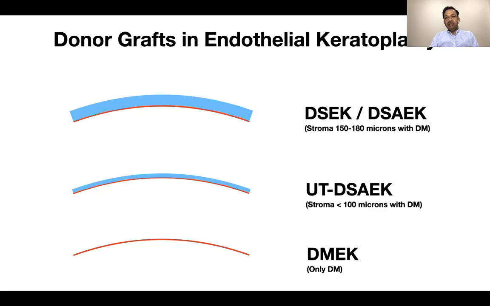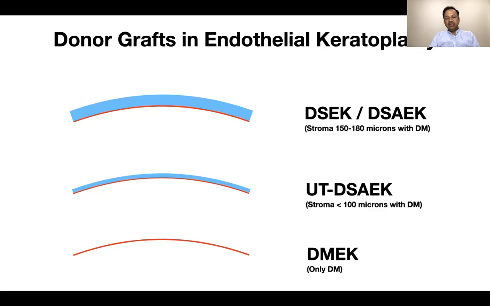In DSAEK, you are using an automated microkeratome to do an anterior lamellar keratectomy, which results in a much smoother interface. Ultra-thin DSEK is where your stromal tissue is thinned down to less than 100 microns, and this can be achieved by multiple passes with the microkeratome to achieve a very thin graft.